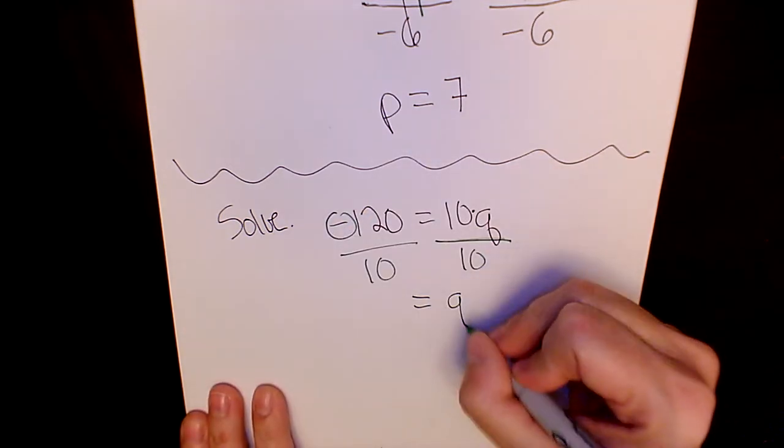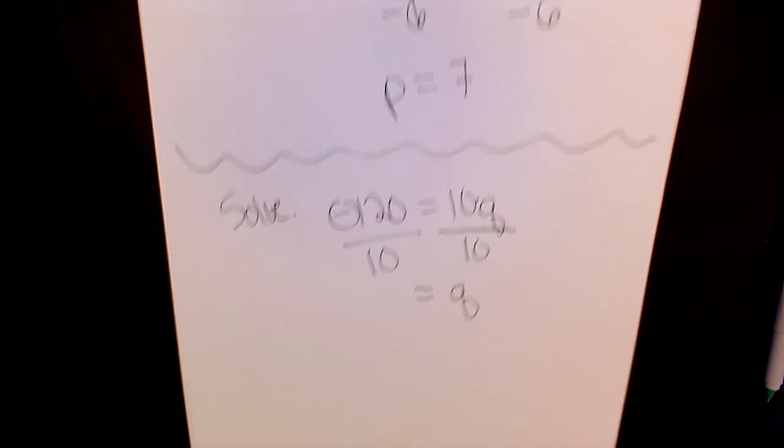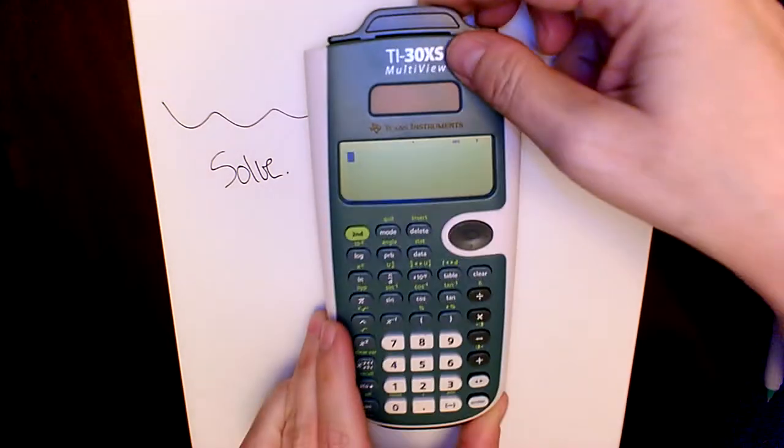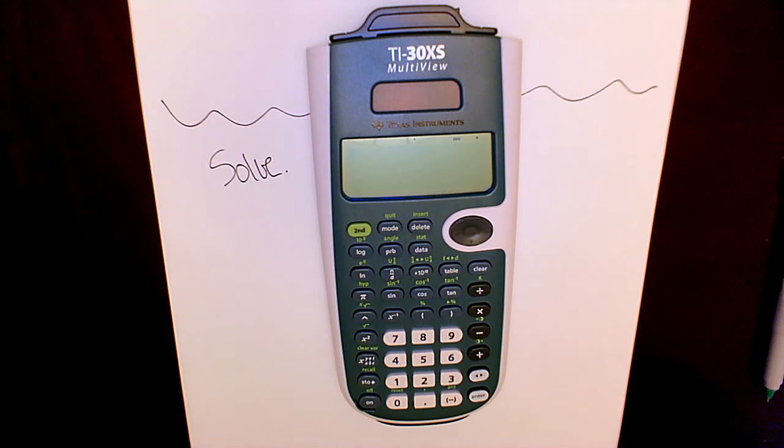Okay, and it does not matter whether the q is on the right or the left hand side. We're going to do the same method either way. So let's say I don't know what 120 divided by 10 is right off the top of my head. So again, I can plug into my TI-30XS.